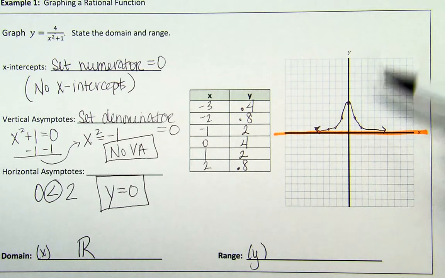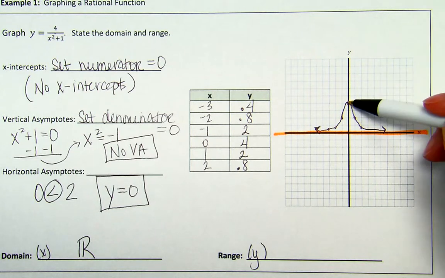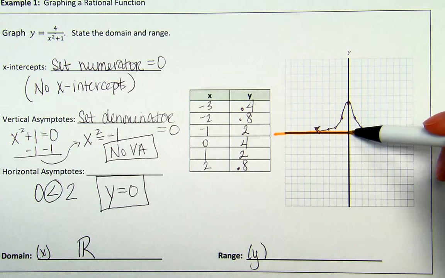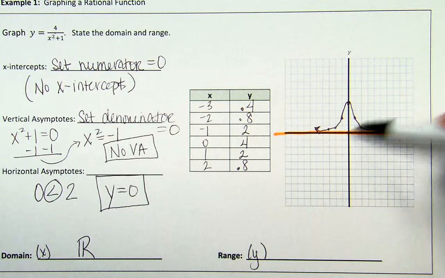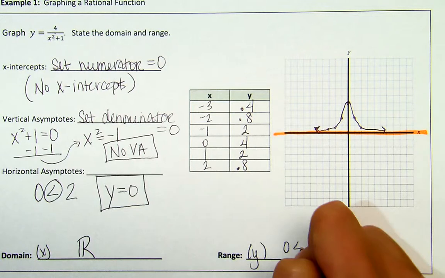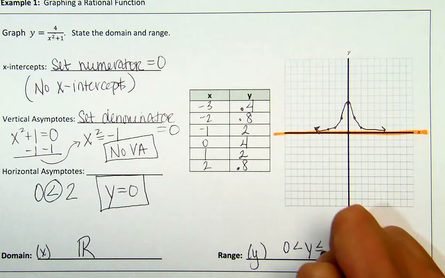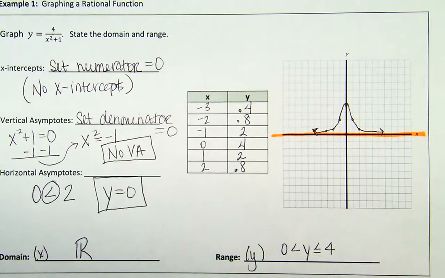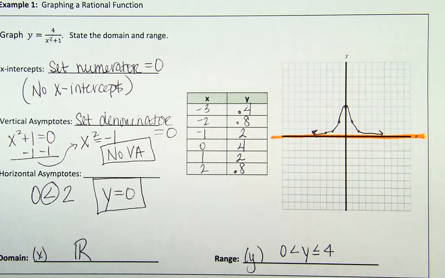Therefore, your maximum y value here is 4. Your lowest y value is going to be really close to 0, but not include 0. So your range is going to be between 0 and 4, and make sure you include 4.